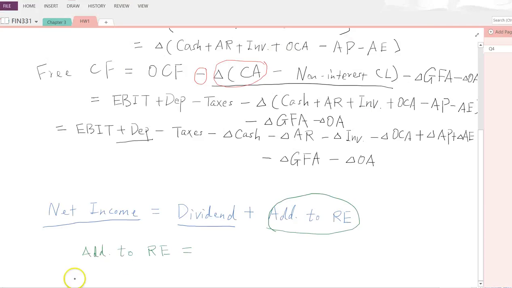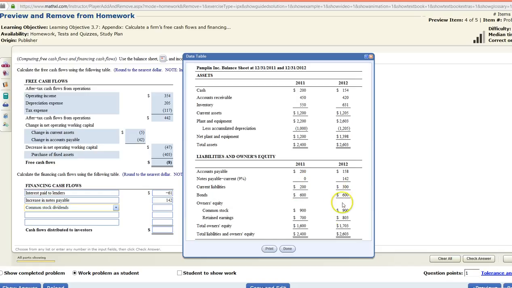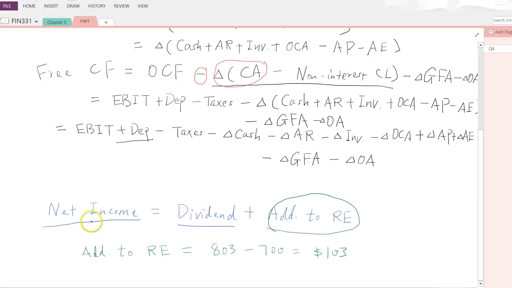So going back to that, it's 803 minus 700. So that gives me 103. Sorry, this is simply the addition to retained earnings. So this is 103. So what about net income?